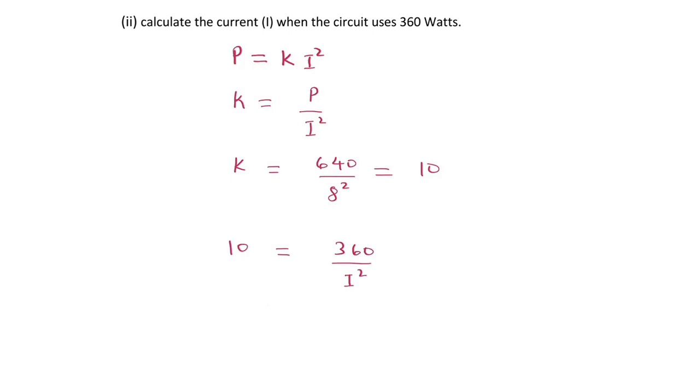Our equation is going to be I equals the square root of 36. Then solving this, we are going to have I equals 6. So when the circuit uses 360 watts, the current is going to be 6 amperes. And this is the answer required.